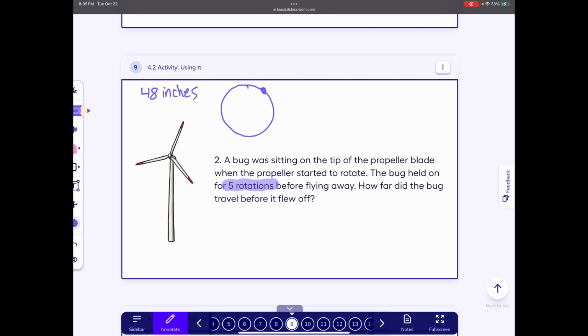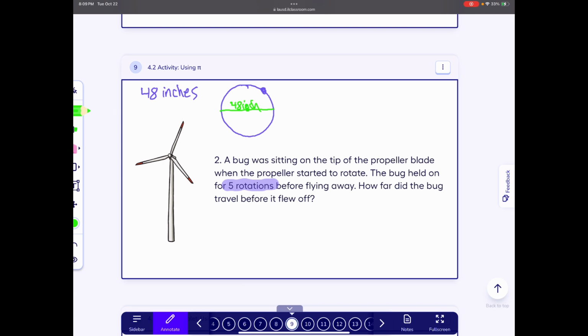It's going around 5 times, so let's draw a diameter here. Let me use another color. The diameter is 48 inches. Now we want to know how far the bug traveled in 5 rotations.